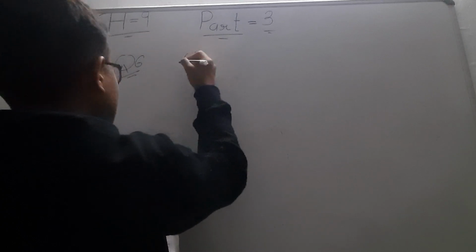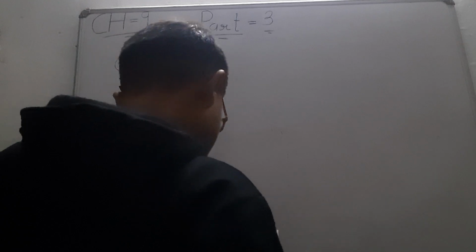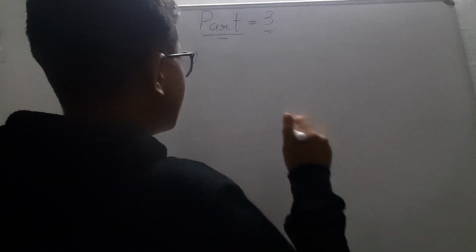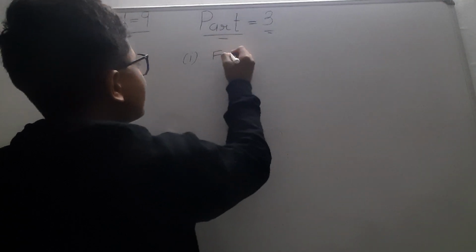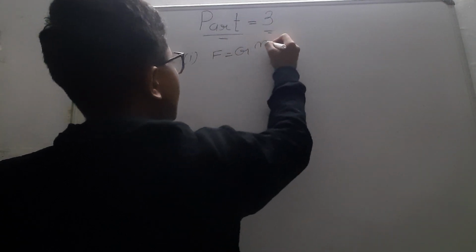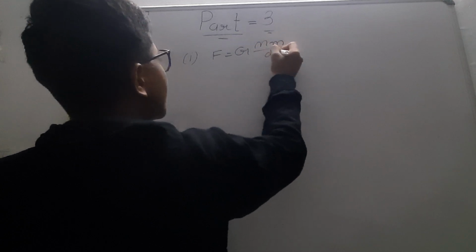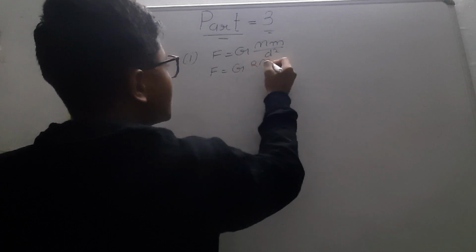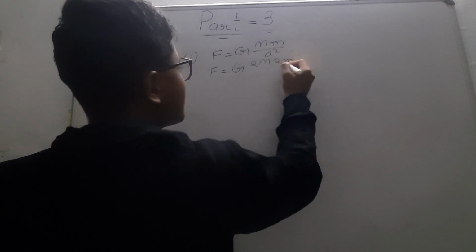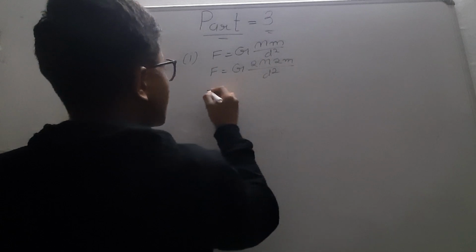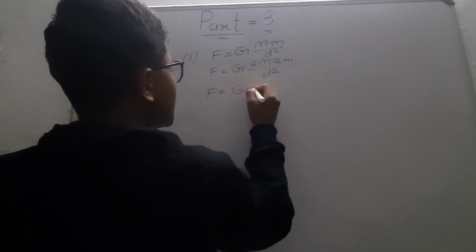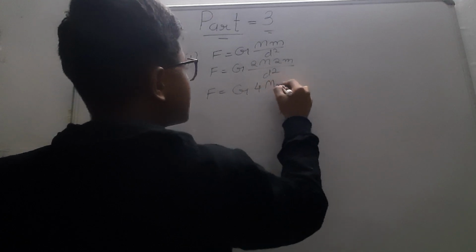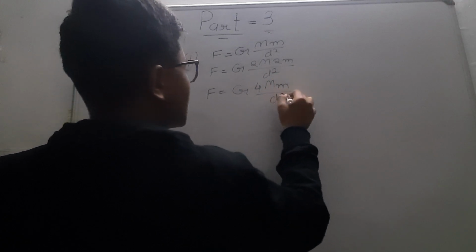Question number 6 has 3 parts. In the first part they have told that the mass of the object is doubled. We have to take the same formula, F is equal to G m1 m2 upon d square.